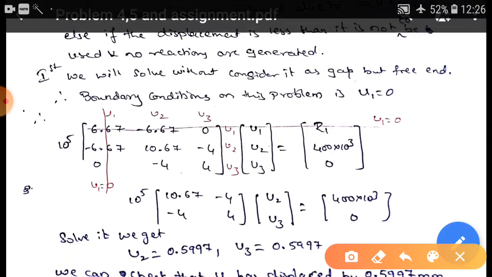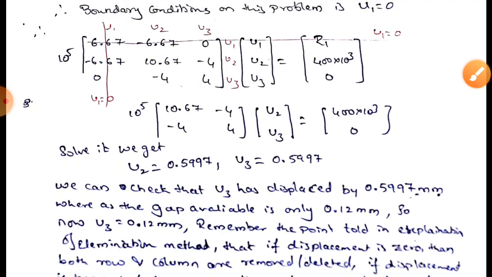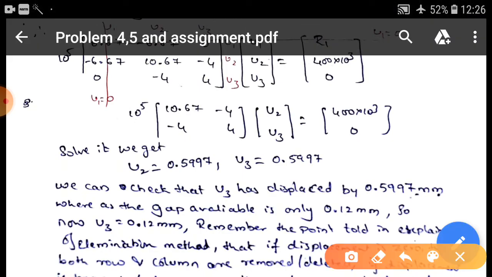Since only U1 is 0, the first row and first column get eliminated, and we end up with a 2 by 2 matrix. Now just simplify it. If you have a calculator, you can directly go with matrix multiplication, or else you can use the equation method in your calculator.